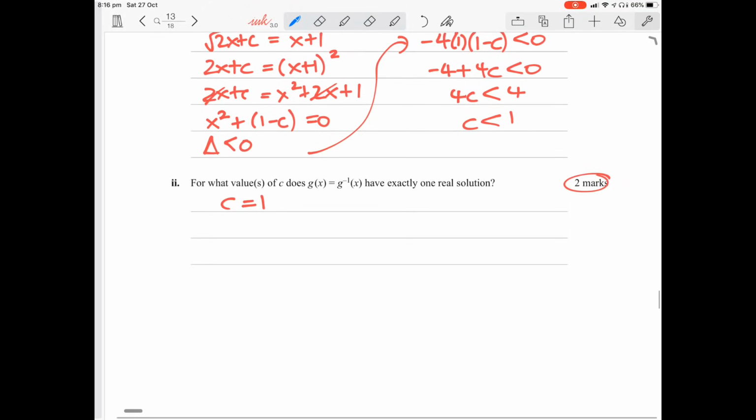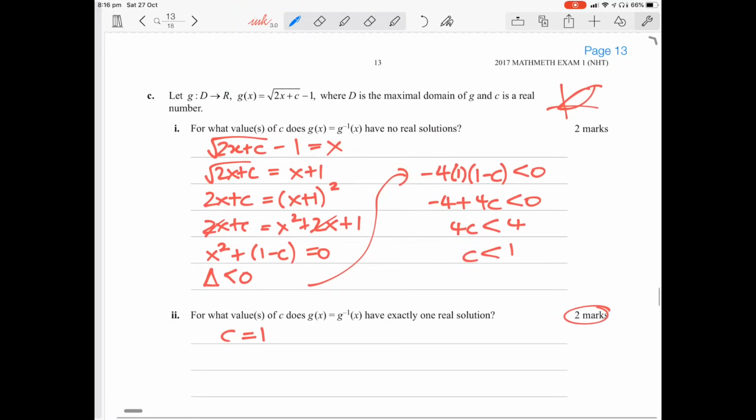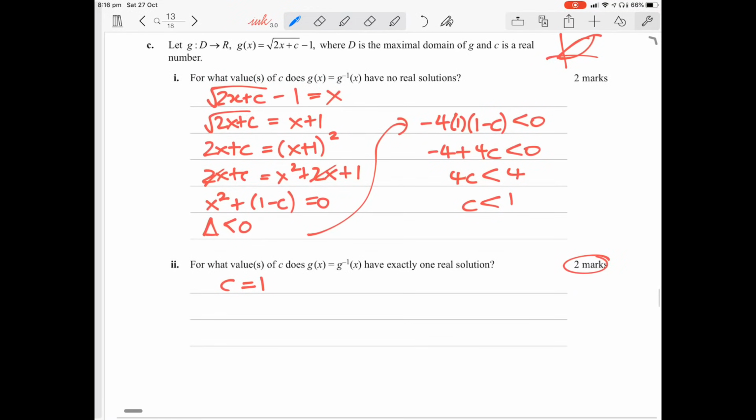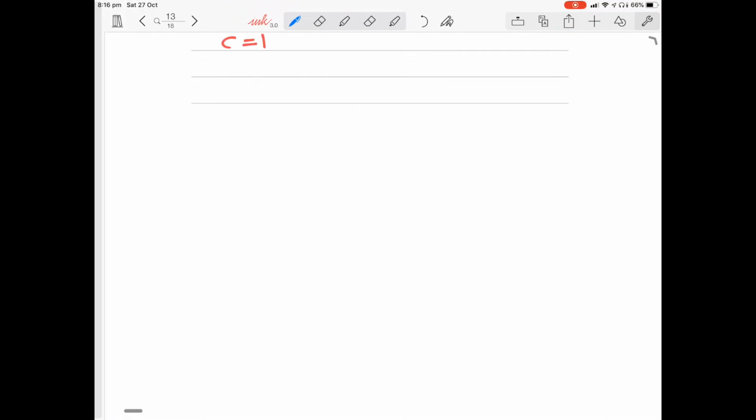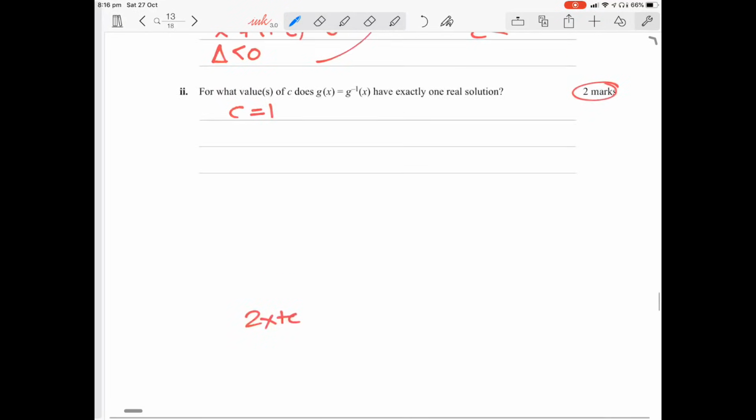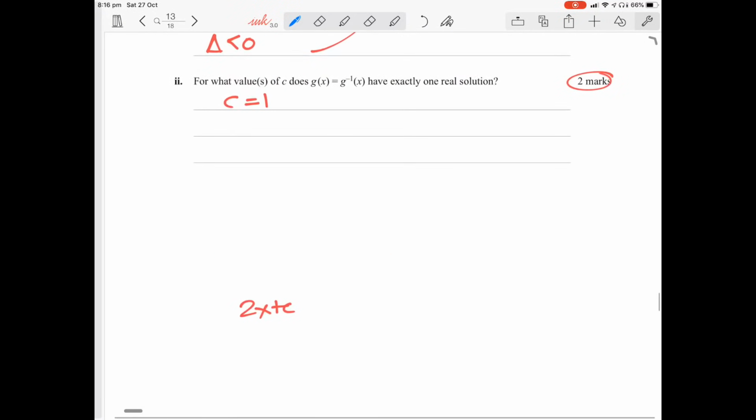Okay, so what's our domain of that function? Let's work it out down here. 2x plus c has to be greater than or equal to 0. So x has to be greater than or equal to negative c on 2.